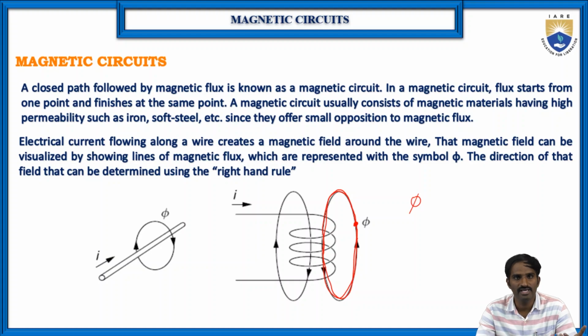The direction of the field or the flux can be determined by using Fleming's right hand rule, which we will discuss later. By using that rule, you can identify the direction of the field, because based on the direction of the current, we can identify the direction of the field.